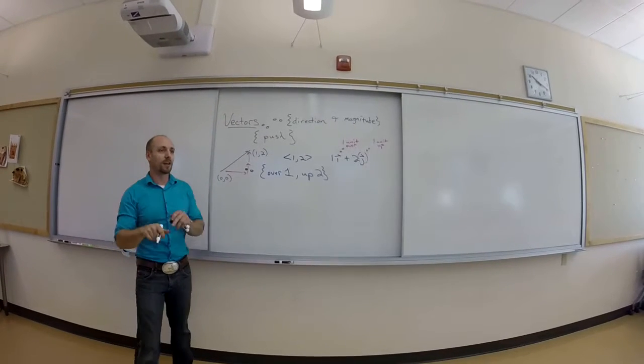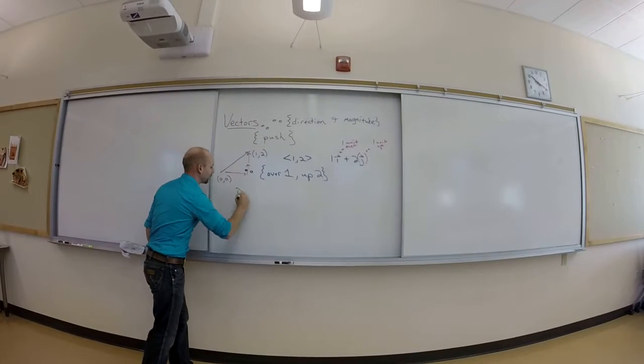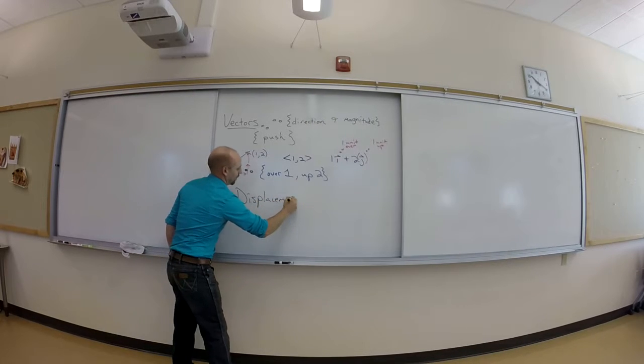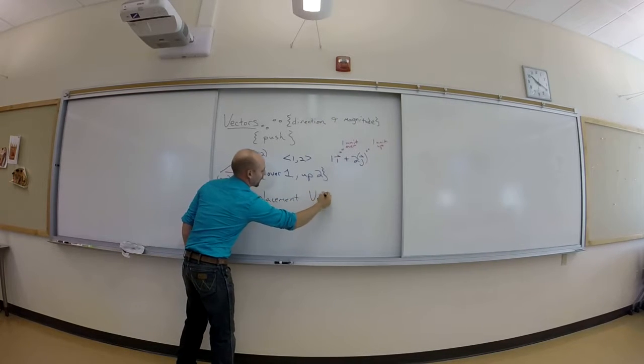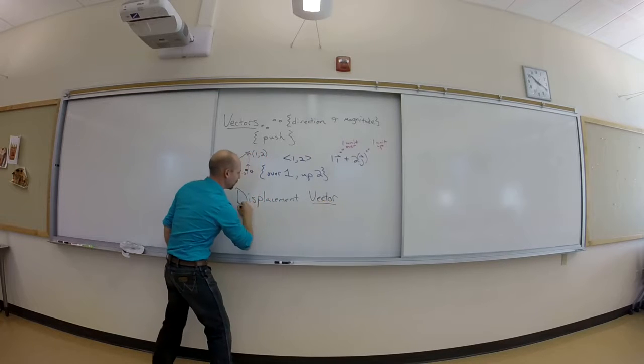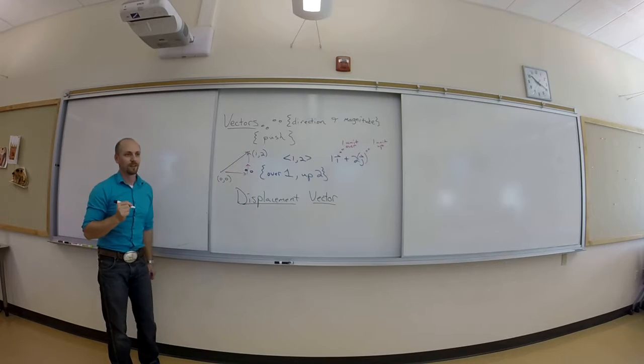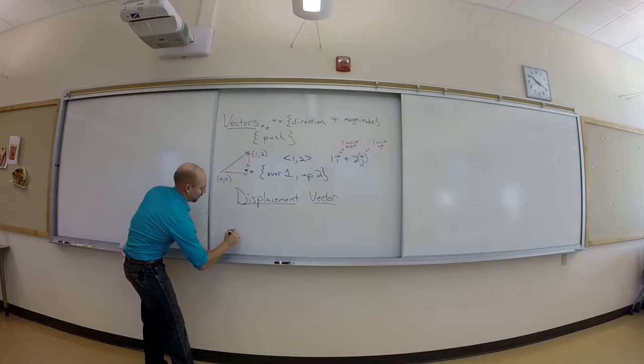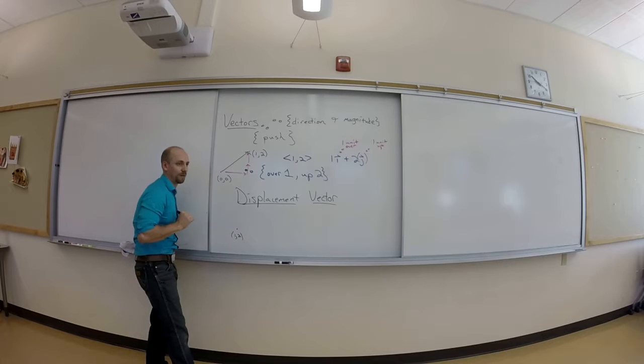Okay, so I need a concept of something called a displacement vector. Displacement vector. So this is going to be, you start at a point. Here's a point, maybe 1, 2.